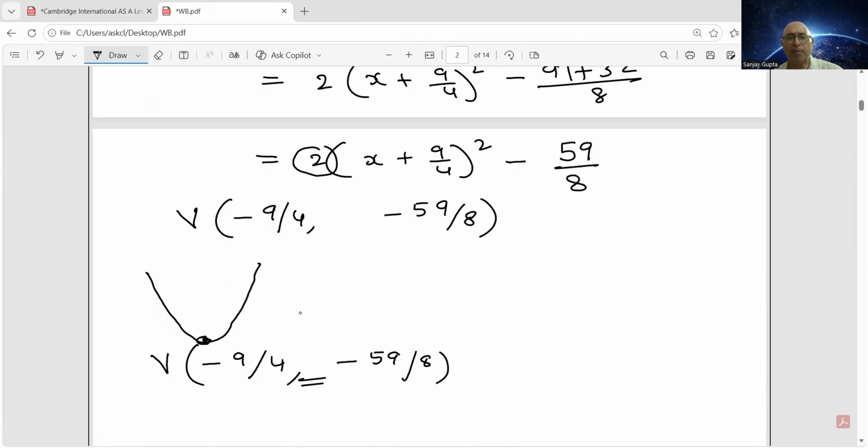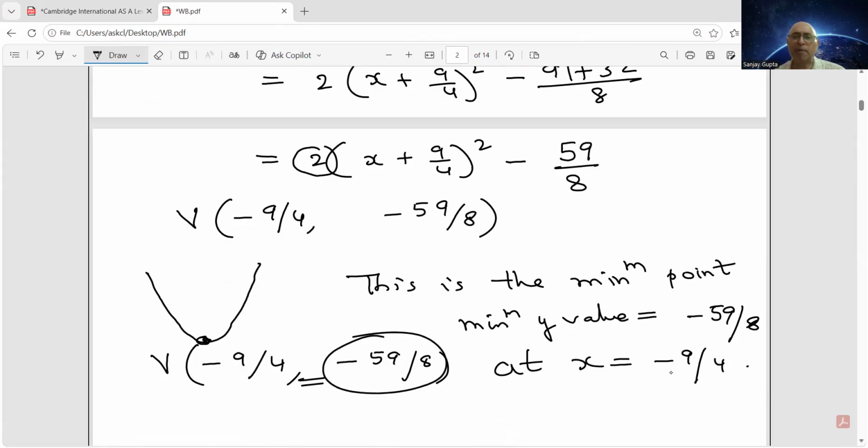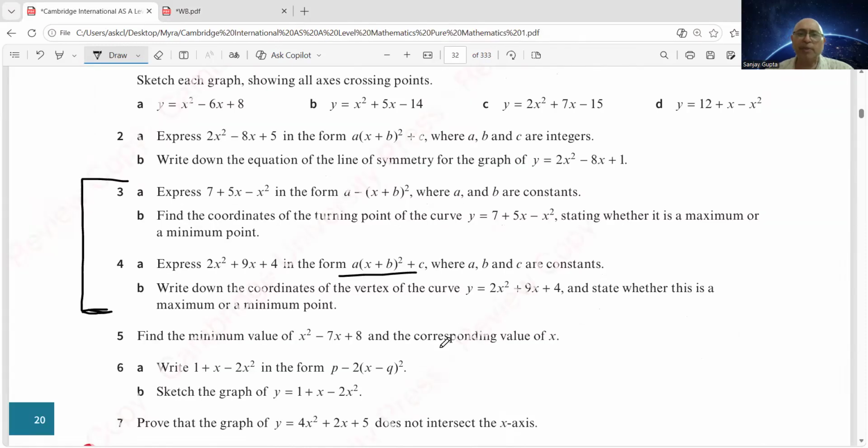This will give us a minimum value of the function. So therefore this is the minimum point of the function. The minimum y value is negative 59 by 8, at x equal to minus 9 by 4. That's what it said.